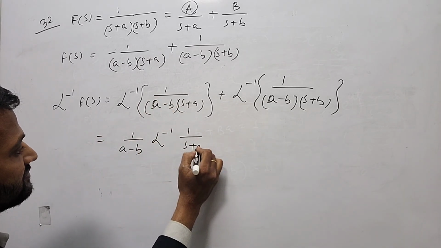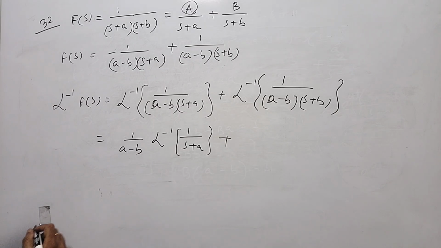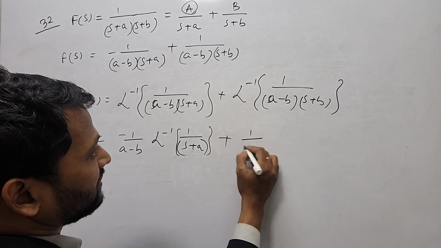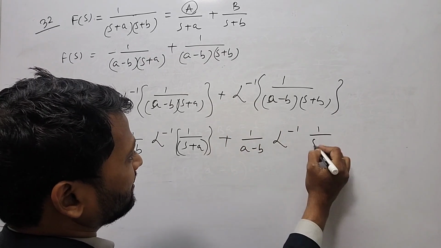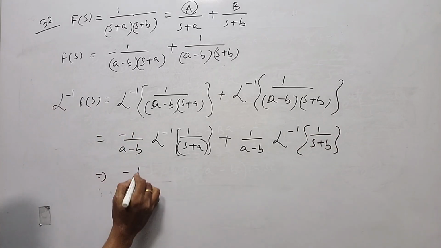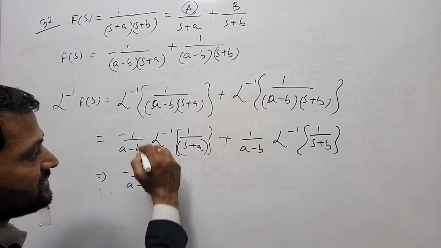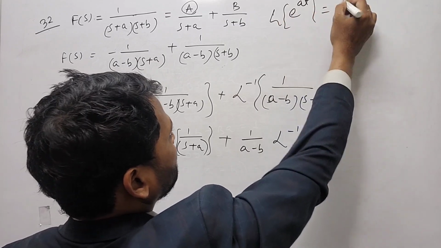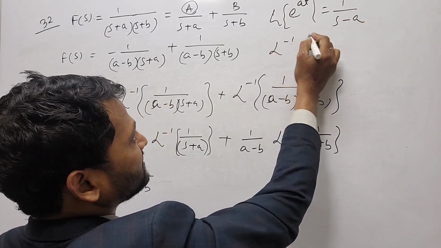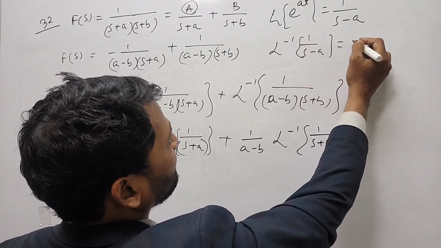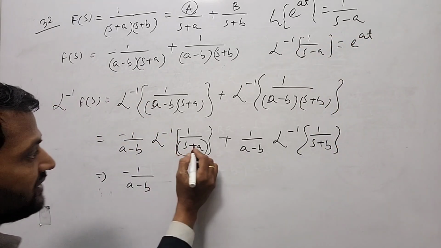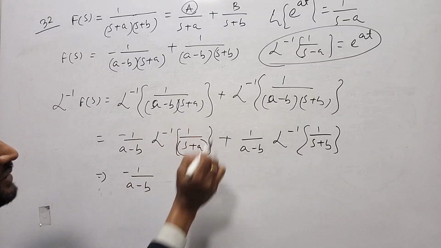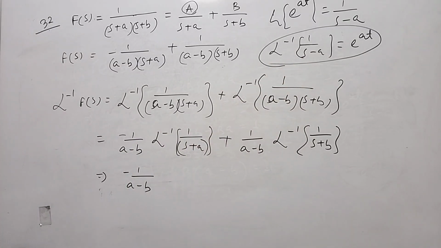So Laplace inverse of 1 by s plus a, with a minus sign in front. Then 1 by a minus b common, Laplace inverse of 1 by s plus b. So minus 1 by a minus b, Laplace inverse of this one. You know that Laplace of e to the power at is 1 by s minus a, so Laplace inverse of 1 by s minus a is e to the power at. So here check, a is what here? Compare with this part. So a is minus a here.